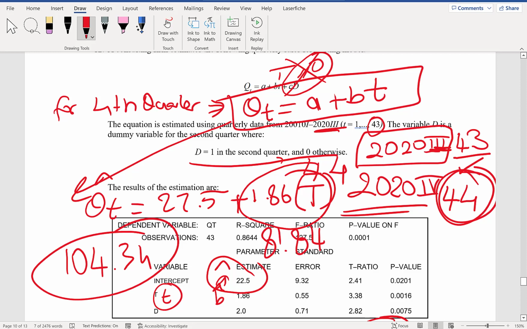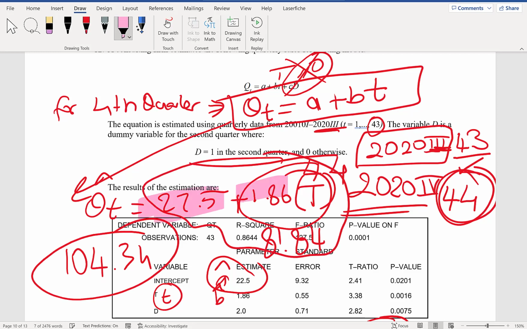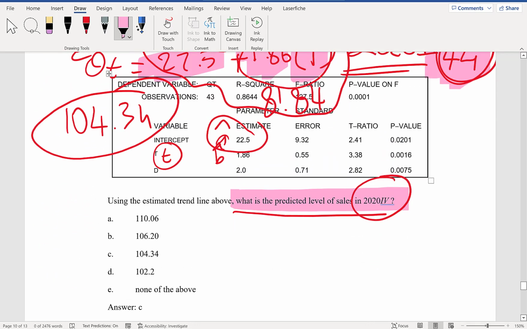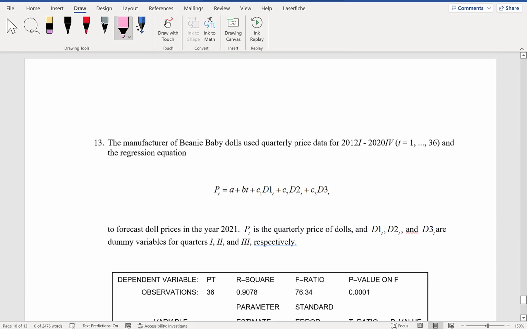So what did I do? I have these coefficient estimates, A hat and B hat, and whenever we saw t, we plugged in 44 because that's the value coming up. All right, so 104.34, C is the correct answer.